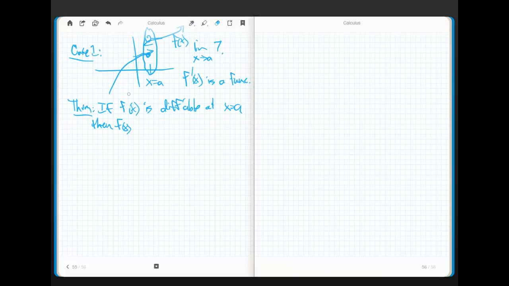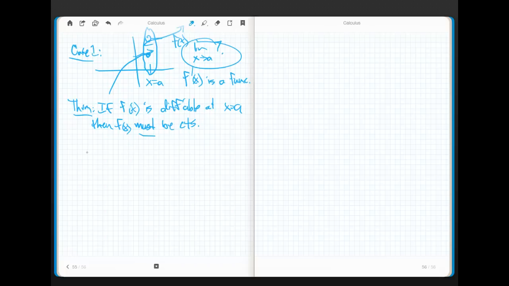If f of x is differentiable at x equals a, then f of x must be continuous. It's got no choice, okay? It has to be continuous because how do we find a derivative? We take a limit. And if we take a limit at something that's not continuous, then the limit doesn't exist. You see how that all ties into each other?